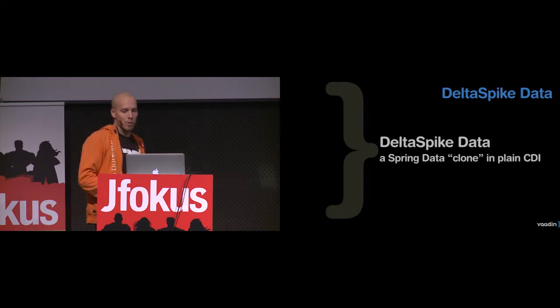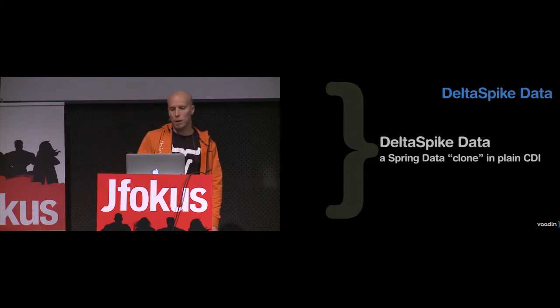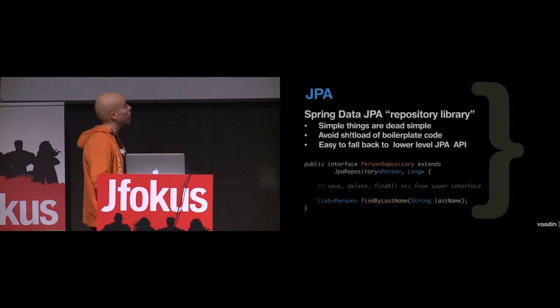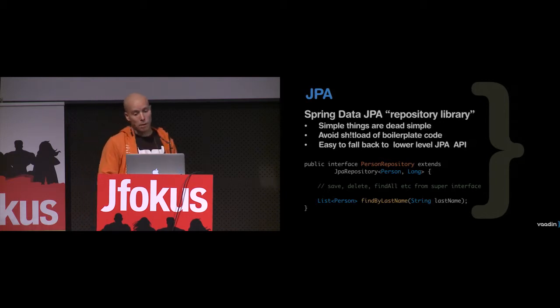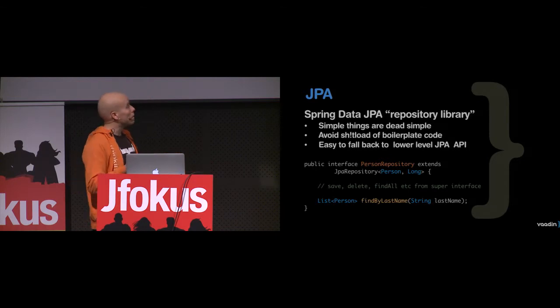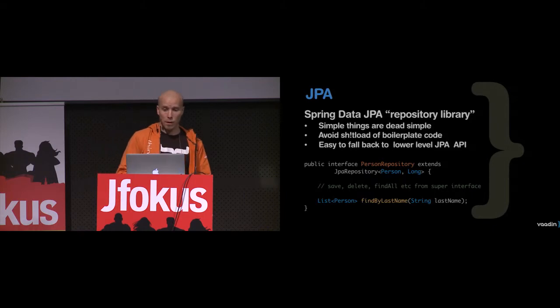And I started to search for different kinds of libraries that could maybe help in a Java EE environment. And the initial choice was actually to use Spring Data, because you can use Spring Data as well in a Java EE environment, but that of course requires, there's a CDI integration so that you can make these also CDI beans. But it requires that there's a full Spring stack injected into your Java EE server as well, and that will add something like 40 megabytes of extra to your WAR file.